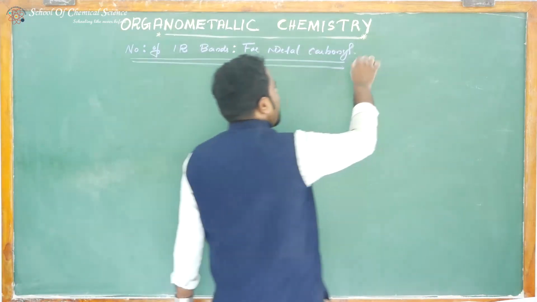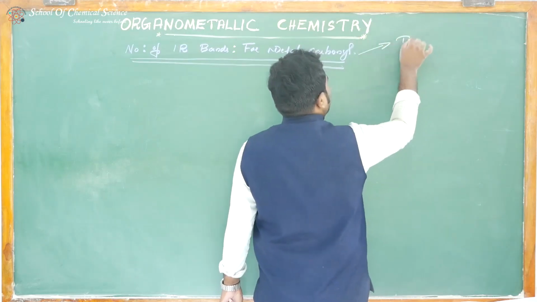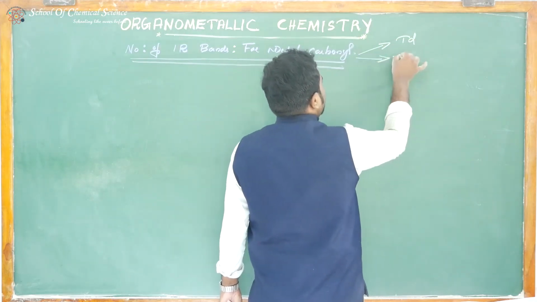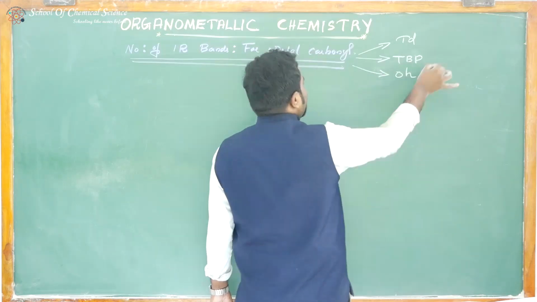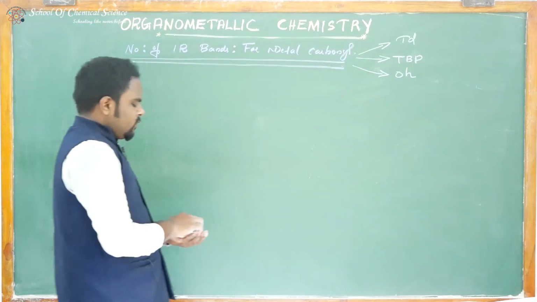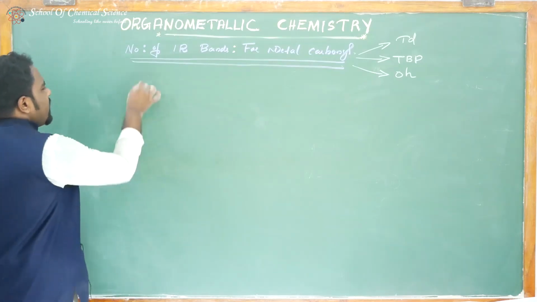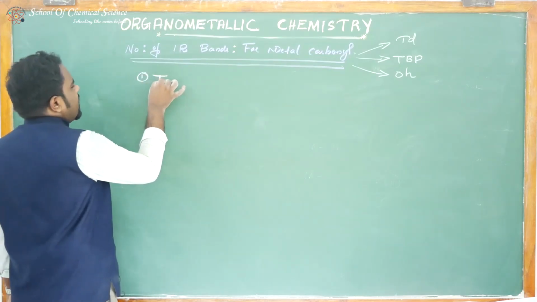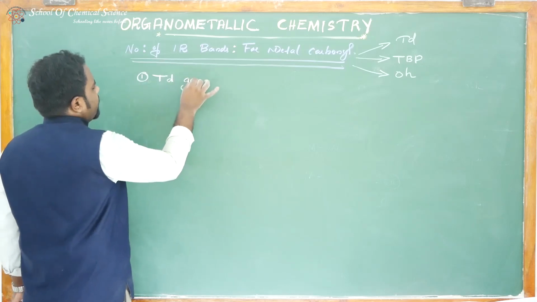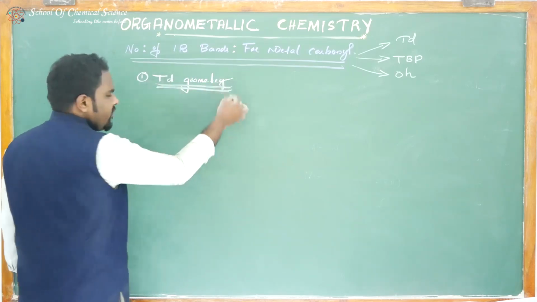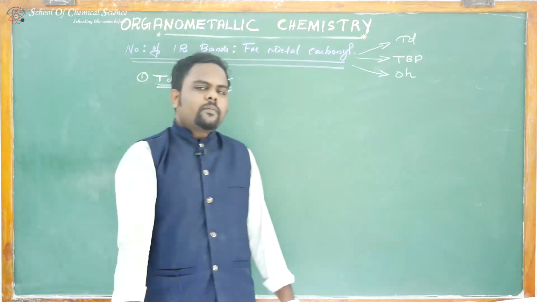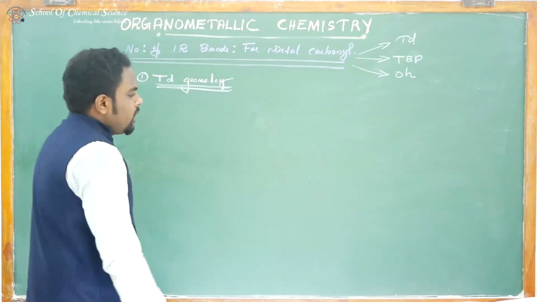In this section, we have to discuss the number of IR bands for tetrahedral geometry, TBP geometry, and octahedral geometry. Okay, so first one, number of IR bands for tetrahedral, Td geometry. The best way is to memorize the number of IR bands.